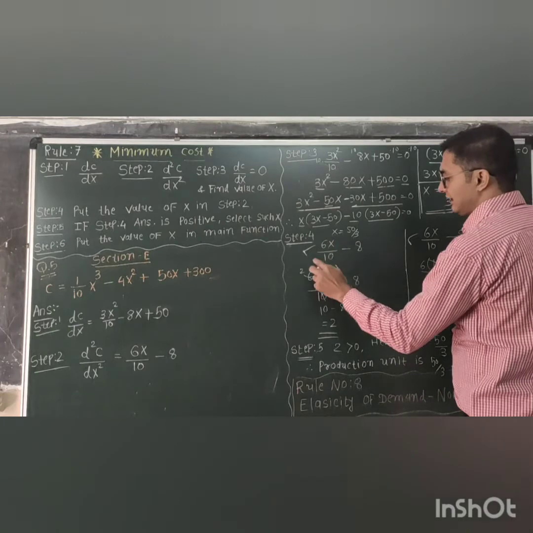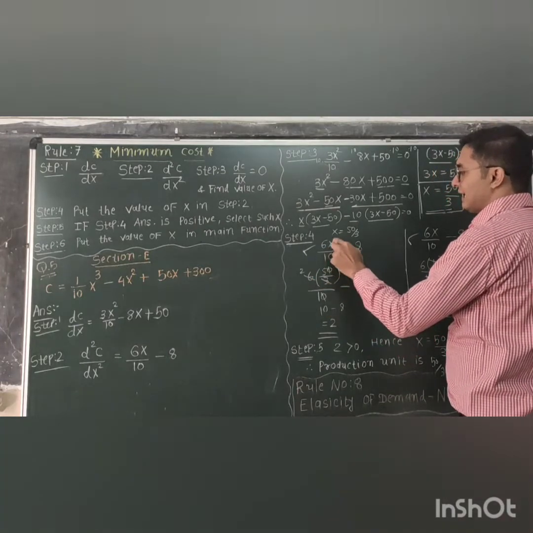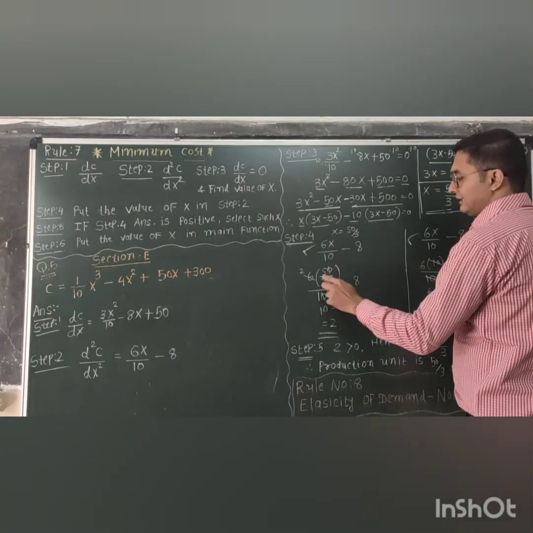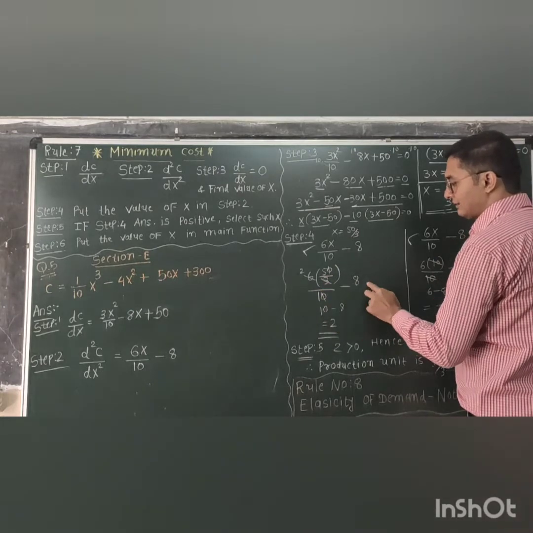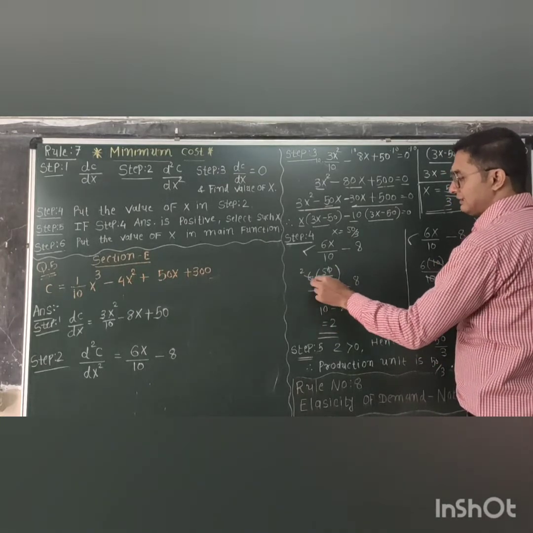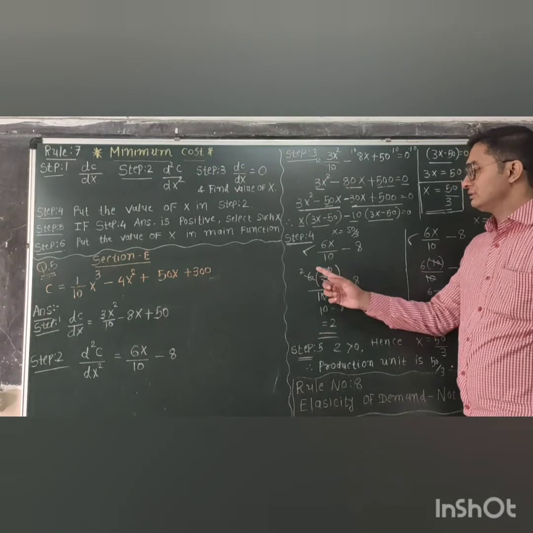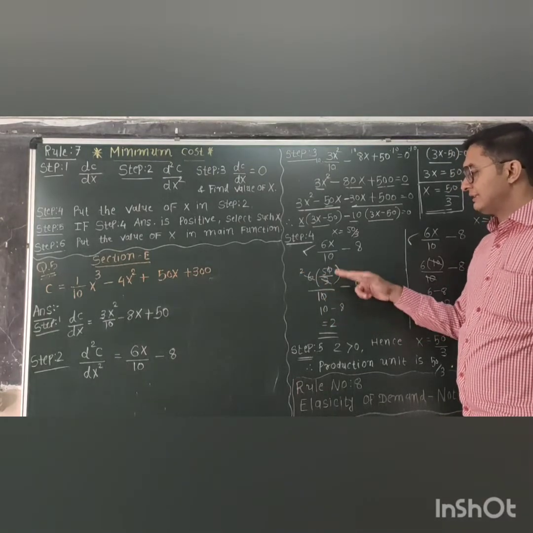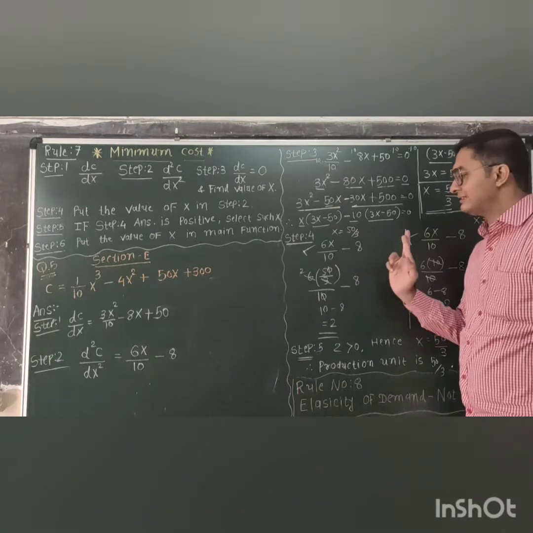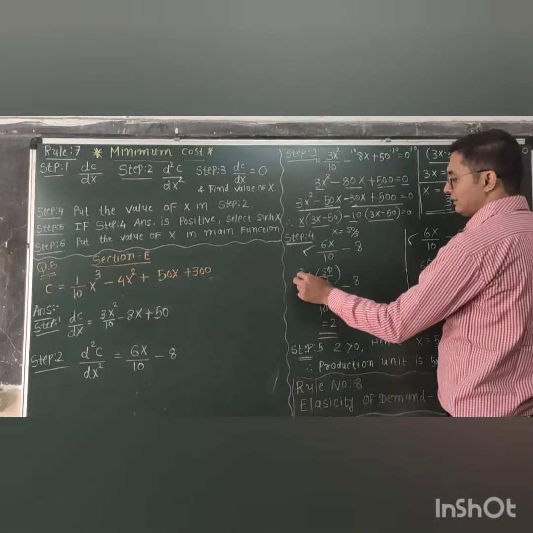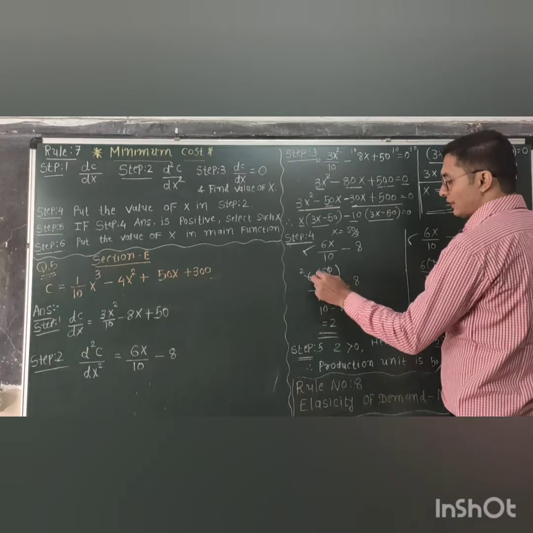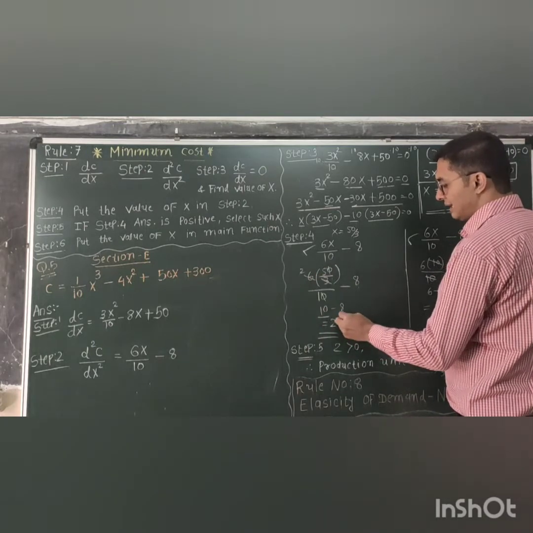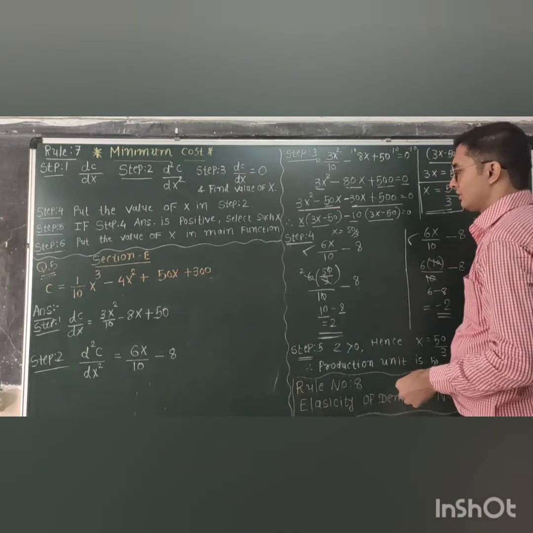So here 6 is as it is and instead of x it is 50 by 3 by 10 minus 8. Now 6 3s are 2. So here 2 and here 10, here 50. So I am cutting 0 in the numerator as well as the denominator. So what is the remaining part in the numerator? 2 5s are 10 minus 8, it is 2.